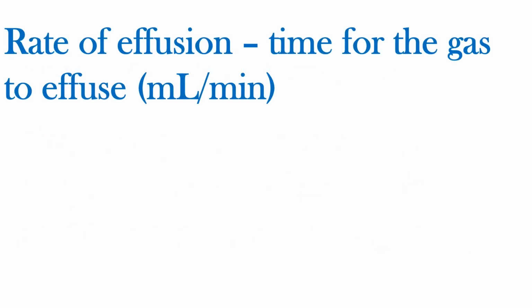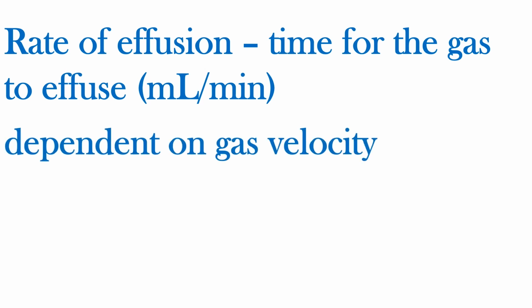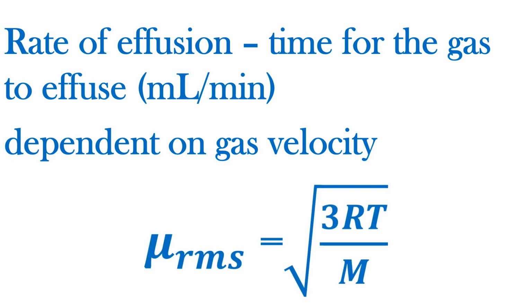Rate of effusion is the time for the gas to effuse, and usually reported in units of volume per unit time, like milliliters per minute, for example. And this is dependent on gas velocity. Recall, the root mean square velocity is the square root of 3RT over the molar mass of the gas.